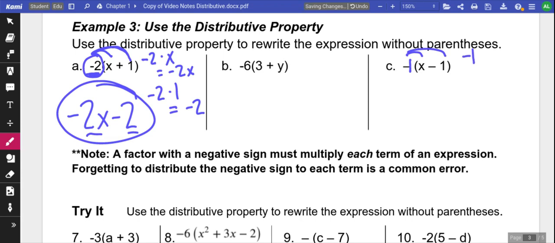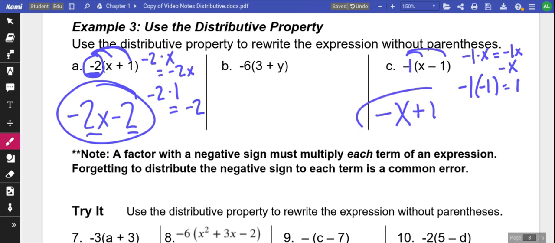So negative 1 times x, you could think of as negative 1x. You don't really need that 1 in there, though. We can just write this out as negative x. Then negative 1 times negative 1. Negative times a negative is going to be a positive 1. So negative x plus 1. These aren't like terms, so that is our final answer there.